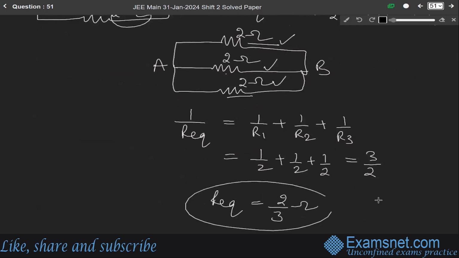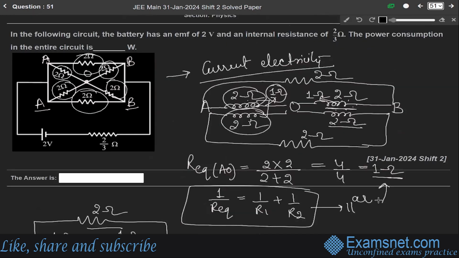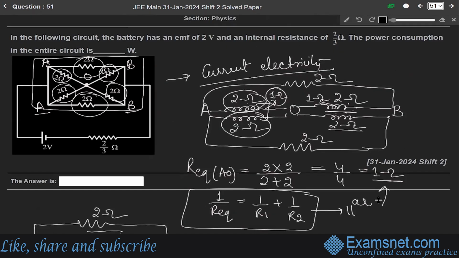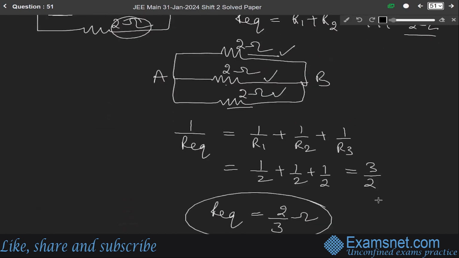The resultant resistance of this combination is 2 by 3. Now this 2 by 3 is in series with this 2 by 3, so R equivalent will be 2 by 3 plus 2 by 3, equals 4 by 3 ohm.